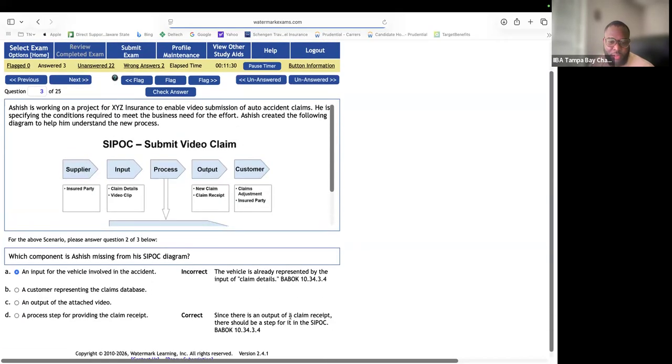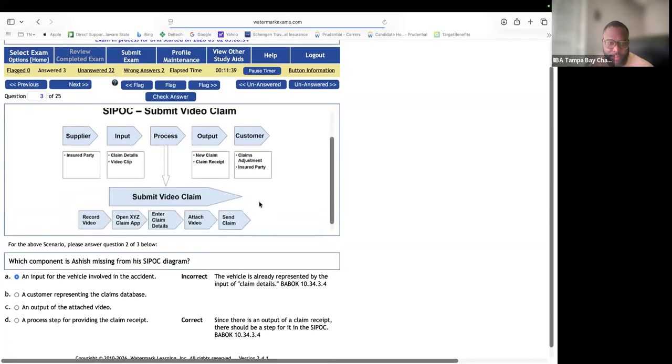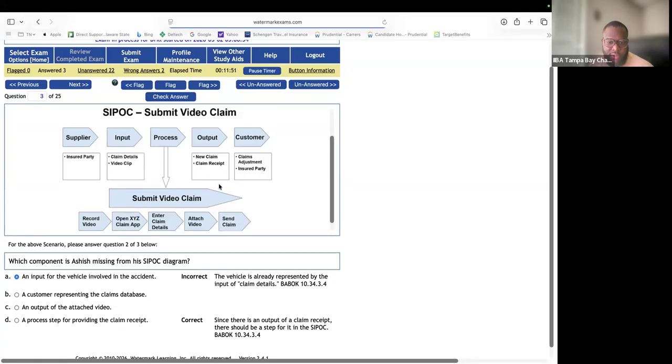Since there is an output of the claim receipt, there should be a step for it in the SIPOC. So if you look at the SIPOC here, we have an output of it, but we don't have a step to produce that output.